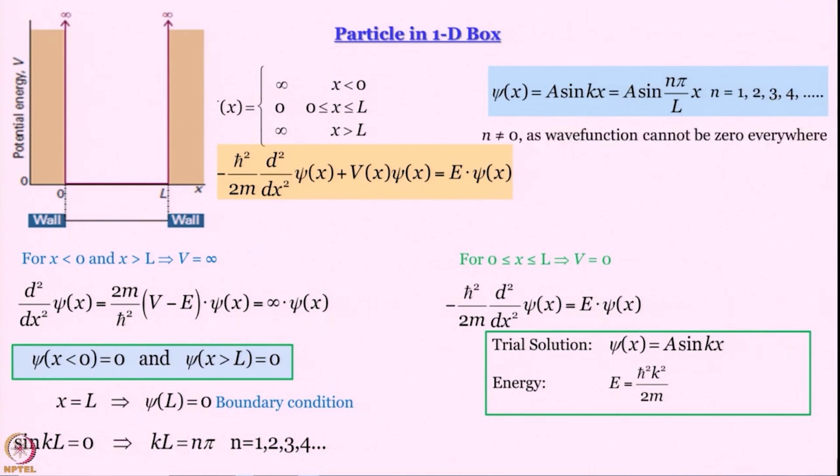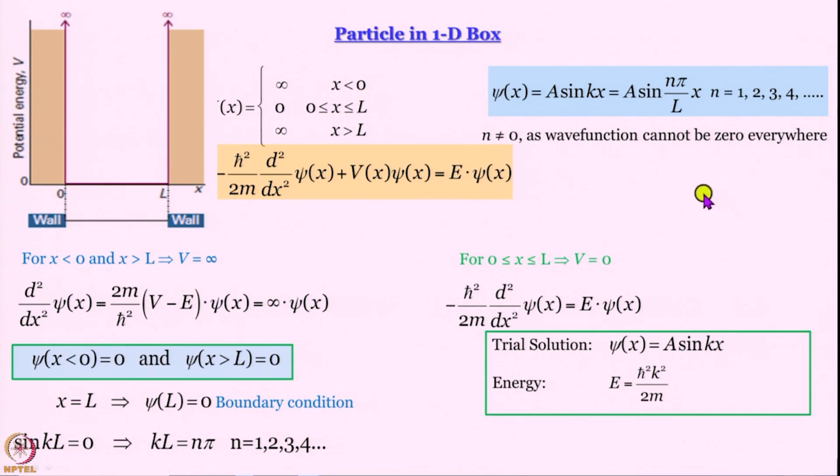I will be surprised if you are not wondering why is n not equal to 0. N is not equal to 0 because in this expression here, if you put n equal to 0, then the entire wave function becomes 0 for all values of x, right. When I put n equal to 1, the expression of wave function becomes A sin pi x by L. So, when x equal to 0, that will be equal to 0, that is a different issue altogether.